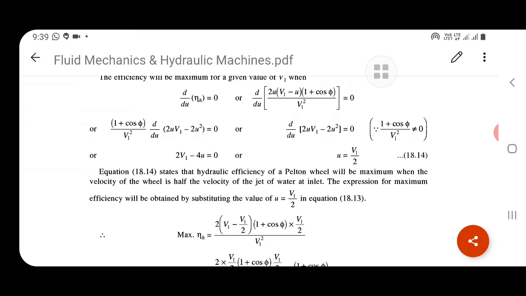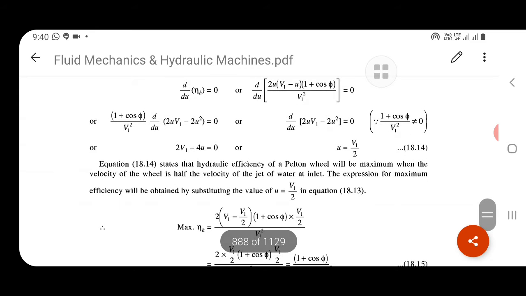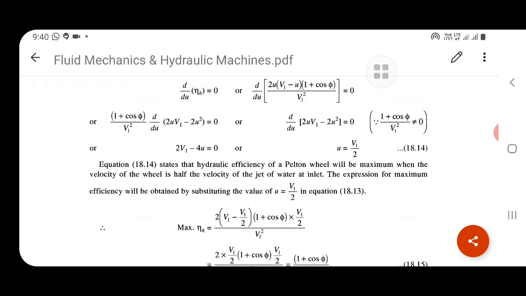The derivative of 2u V1 minus 2u square is 2V1 minus 4u, which is 0. Solving the equation, u comes out as V1 by 2.